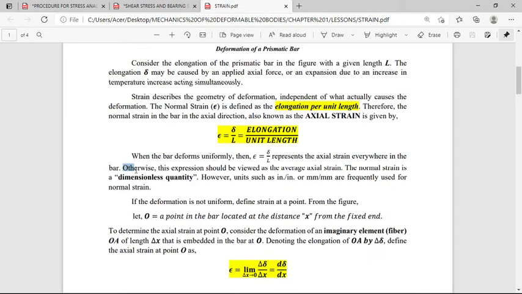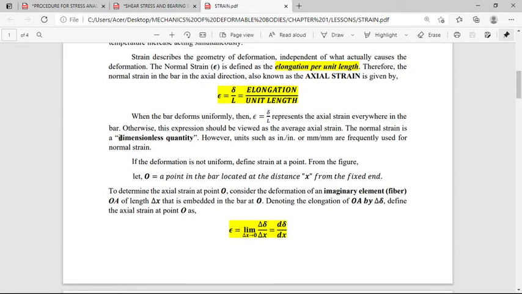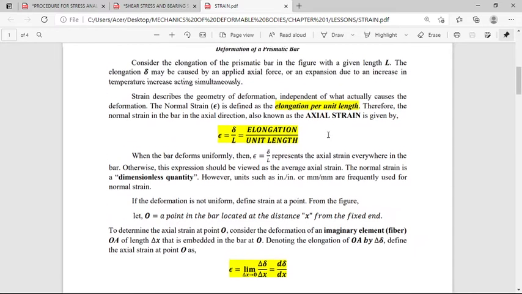Otherwise, this expression should be viewed as the average actual strain. And the normal strain is a dimensionless quantity. So, bakit siya naging dimensionless quantity? Kung titingnan mo yung formula ng strain, which is elongation over unit length, ano ba yung ginagamit nating unit kapag sumusukat tayo ng deformation, like elongation or shortening?